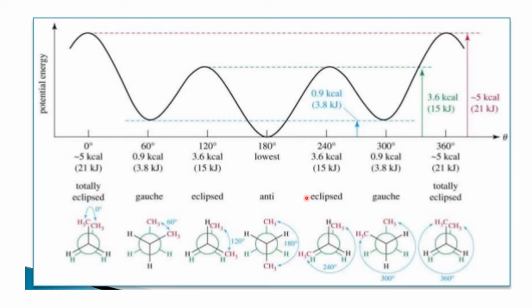Got it? Again, the energy is more, but it is less than fully eclipsed conformation. Further rotation, it moves to gauche form. Again, finally, it reaches to totally or fully eclipsed conformation.